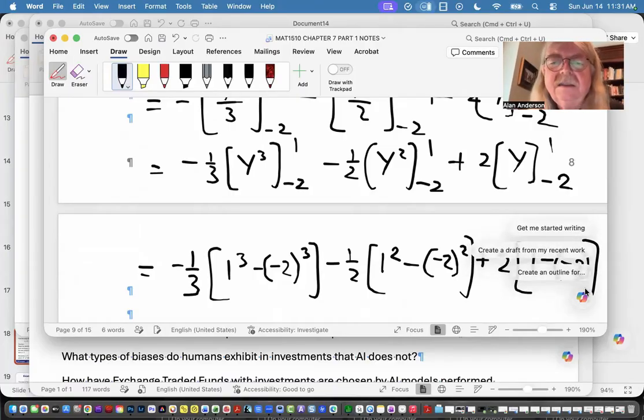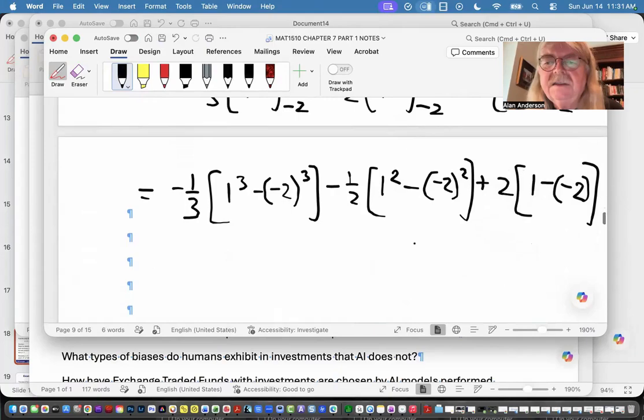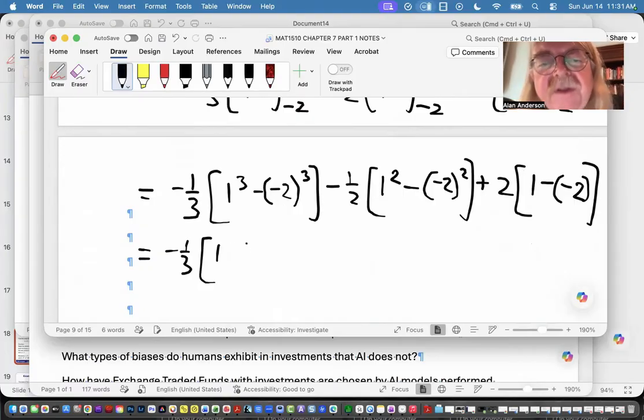All right. So let's figure out what this is equal to. So we're subtracting now. -2 cubed is -8.